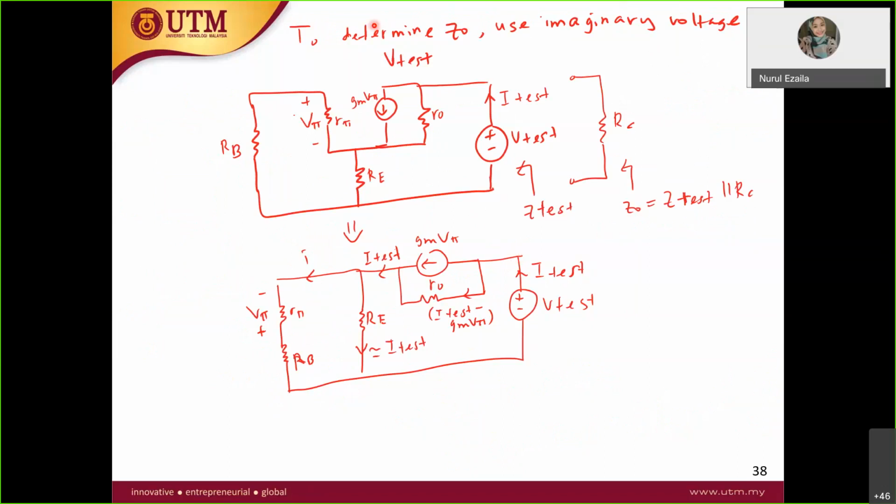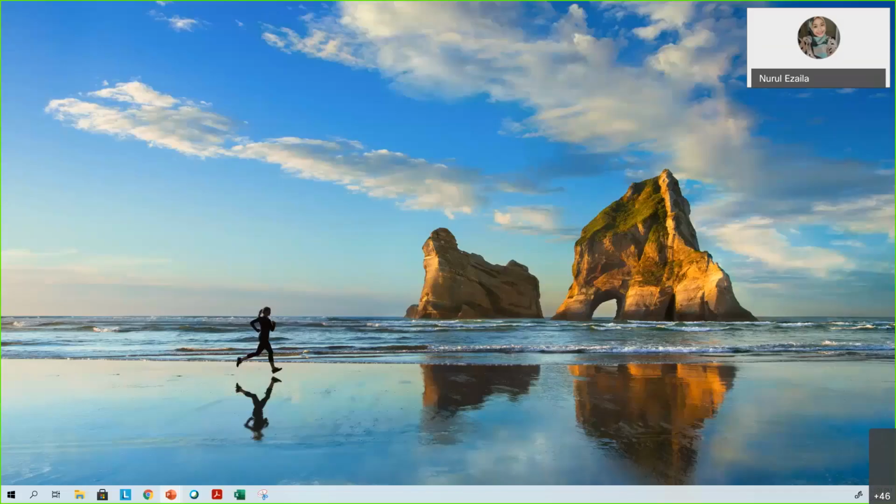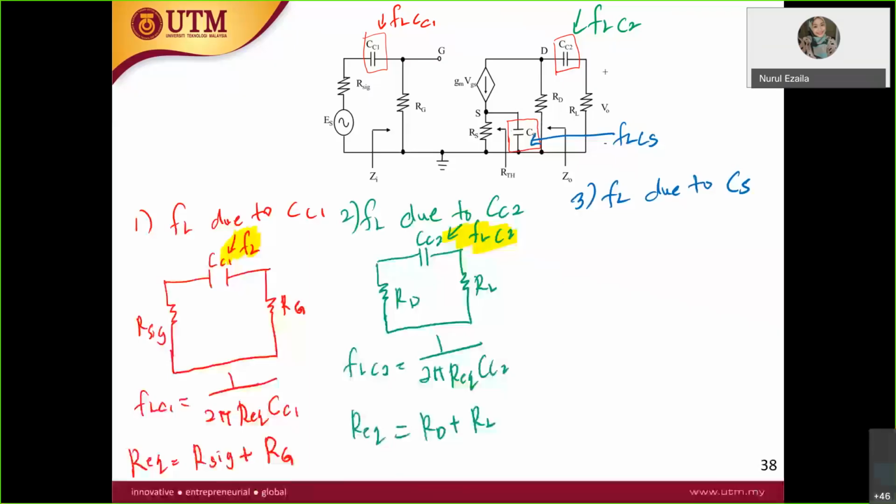We will apply the same method over here, but in MOSFET it is much simpler, because they don't have the resistor RPi over there. They just have the VGS. Let's take a look at the circuit over here. That's the idea on the V test.